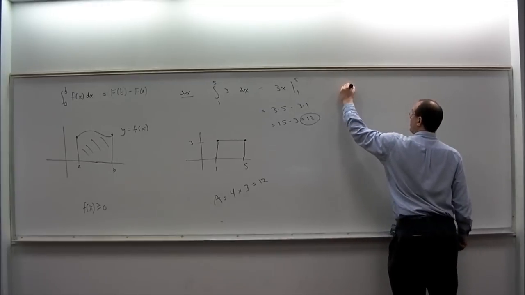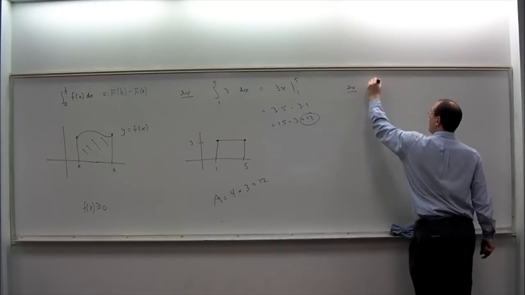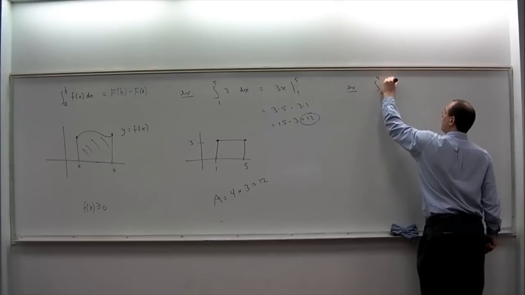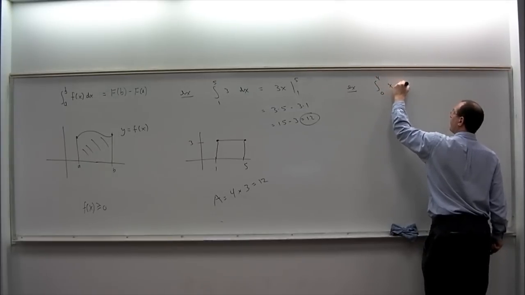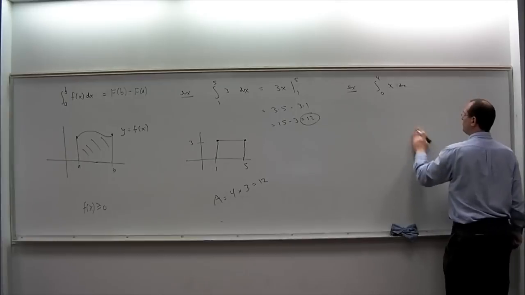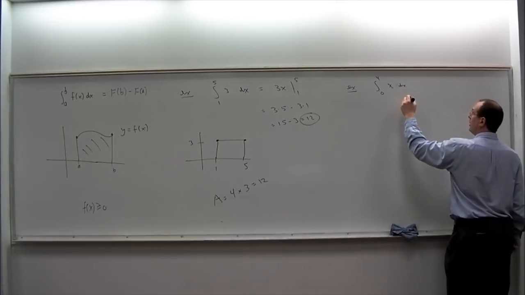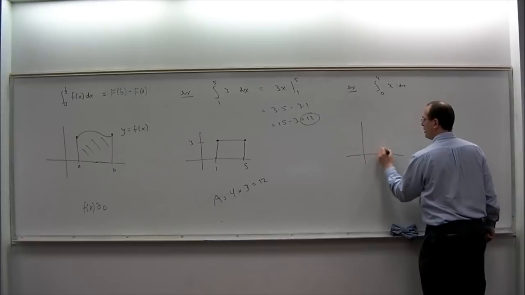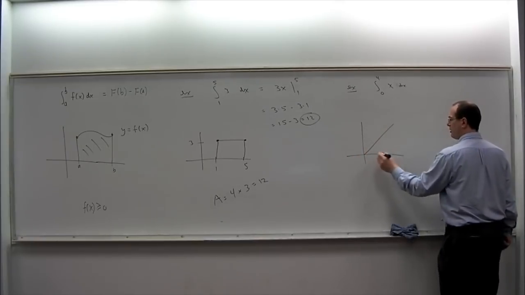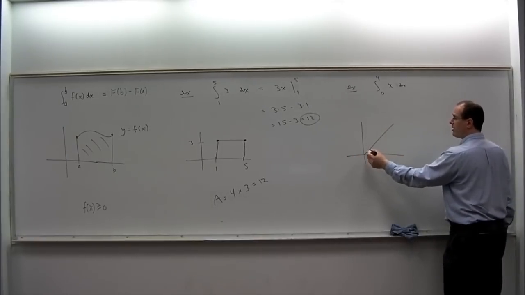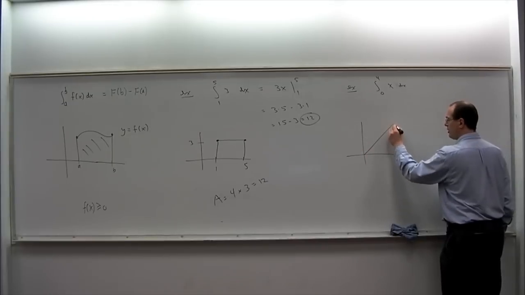Let's look at another simple example like that. The integral from 0 to 4 of x dx. So this one, the picture, y equals x, is a line at a 45-degree angle to the positive x-axis and going through the origin.